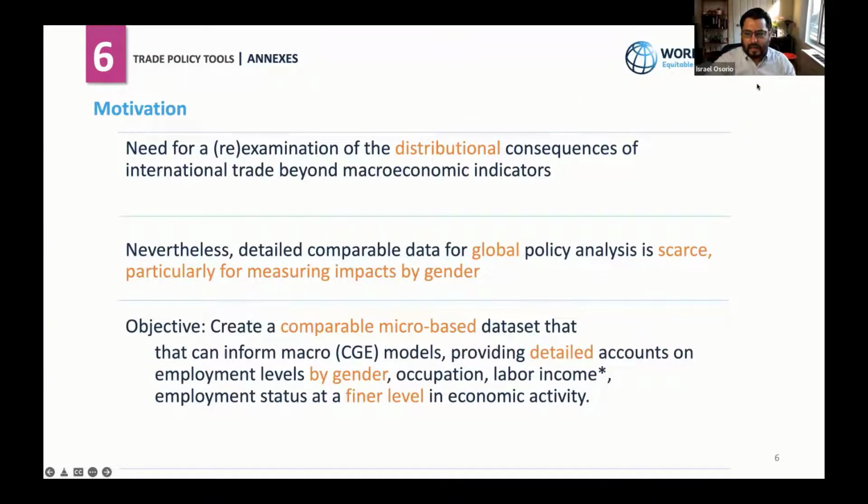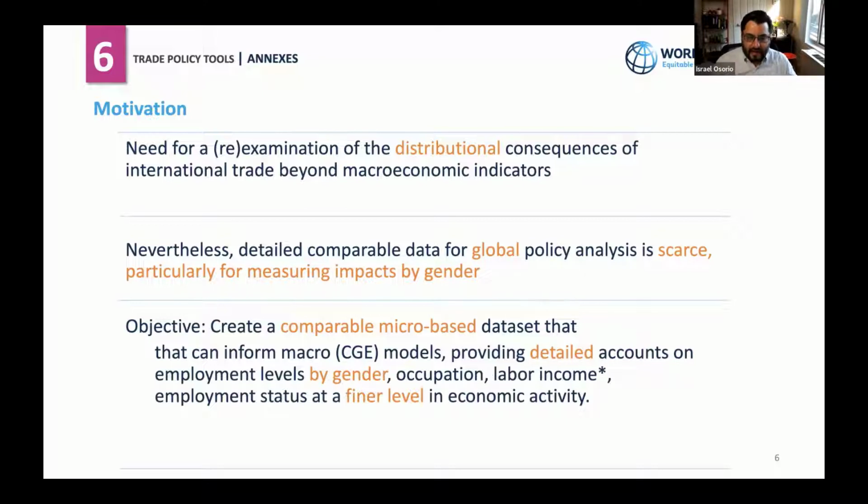We built a global database that we use to disaggregate the labor accounts in the GTAP database, so we can have gender and skill level for the 65 categories of the GTAP database, and that has a global coverage.